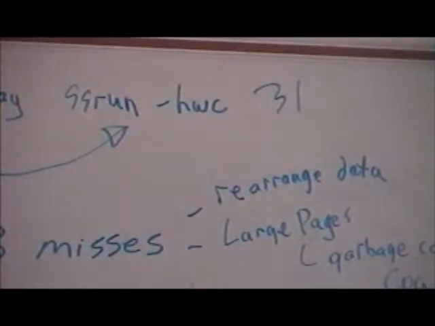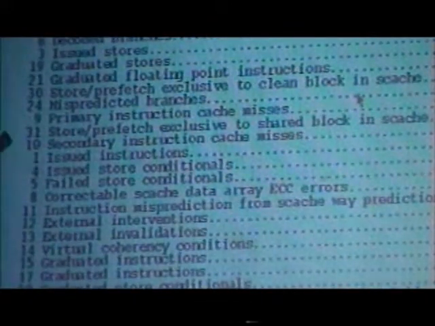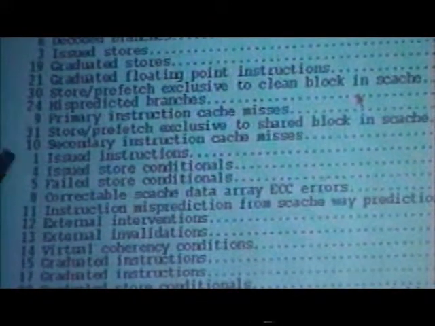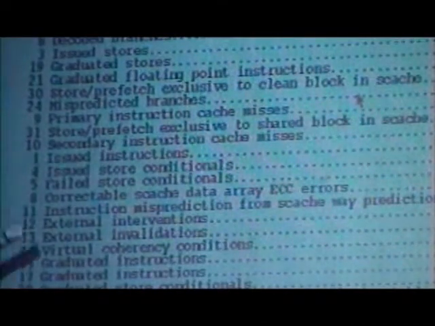What else did we have here? Secondary instruction cache misses. There is a command called chord that allows you to reorganize your subroutines so that they're closely packed by common use. Issued instructions, don't care about. Errors, any error, ECC errors, don't care about. Instruction misprediction.